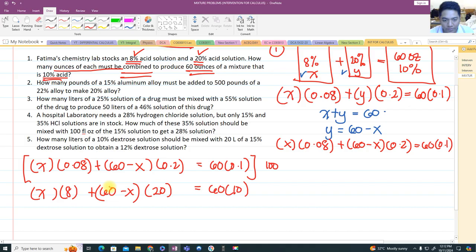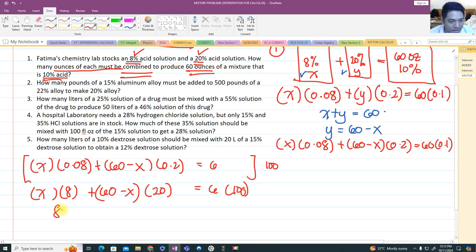Let me simplify this. 60 times 0.1 is simply 6, and multiplying by 100, 6 times 100 is 600.